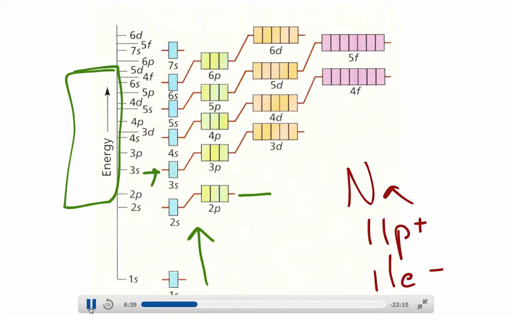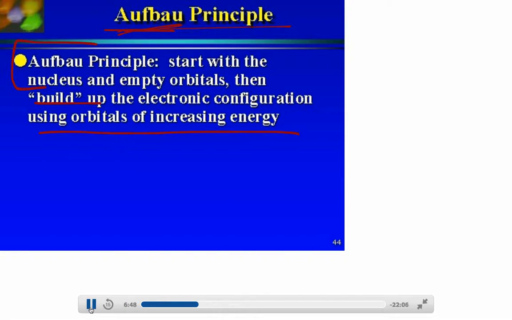Well, we can't just say maybe one's here, and we'll put one here and here. So they can't just go all over. We can't put these 11 electrons wherever we want. The Aufbau Principle tells us we need to fill those lowest energy levels first, and then build up from there. So every electron has to have its own unique set of quantum numbers. That's the Pauli exclusion principle. Aufbau is telling us when we write our orbital filling, we have to fill the lowest energy levels first.